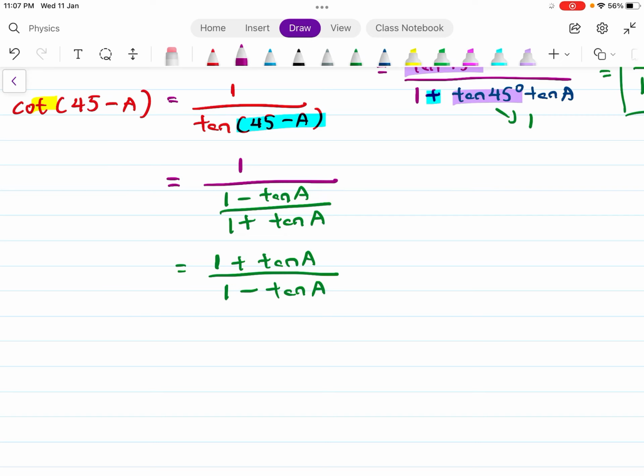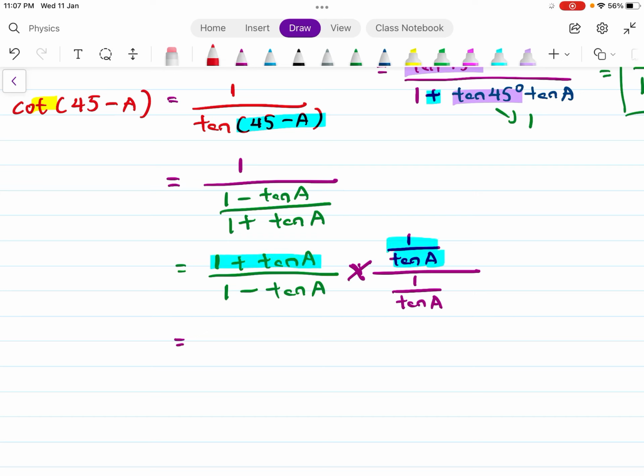So what we need to do is multiply by something. You multiply by 1 over tan A. When you do it to the top, you must do it to the bottom, so over 1 over tan A, because you're just multiplying by 1 in this case. After that, you simply multiply.